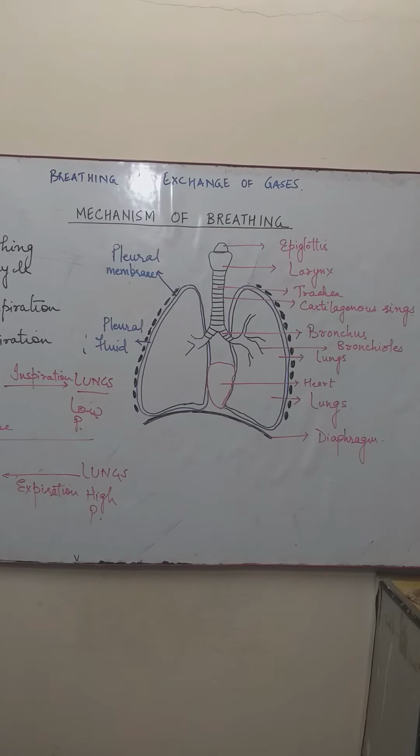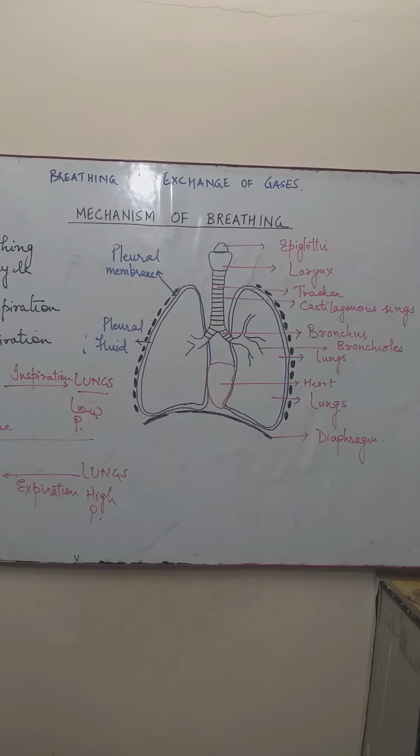Now, an increase in the pulmonary volume causes the intrapulmonary pressure to reduce, and as a result the air from outside will rush inside the lungs. Now, when this happens, the diaphragm gets contracted. The pulmonary area will expand, so the lungs will have the capacity to take in the air.